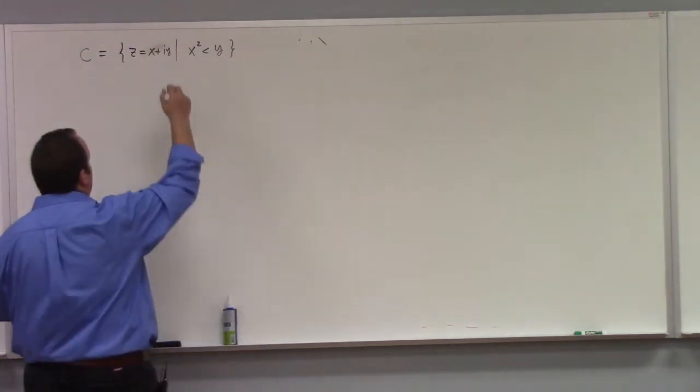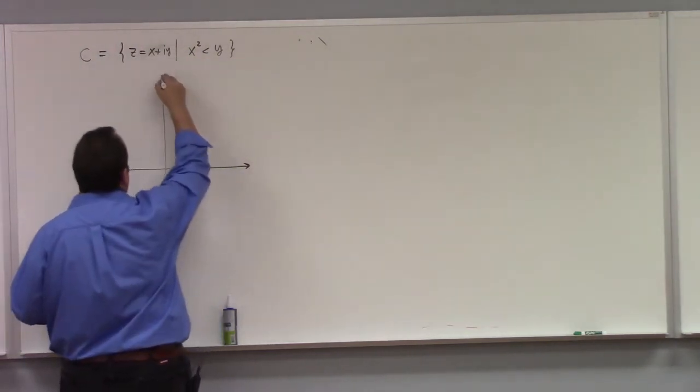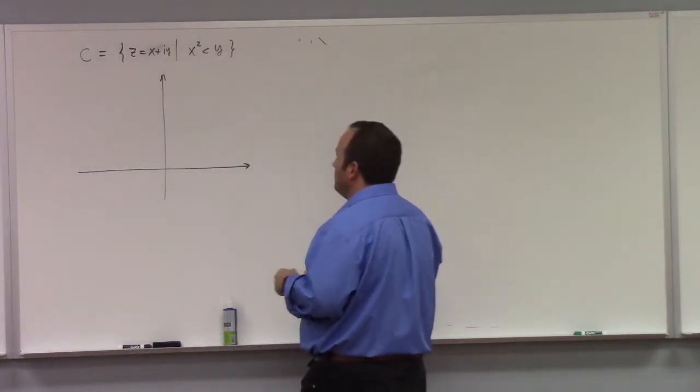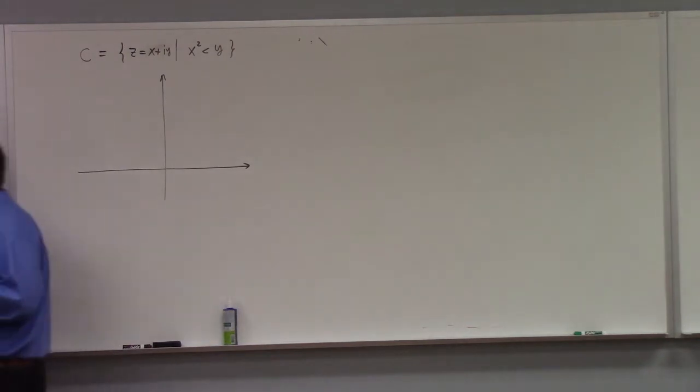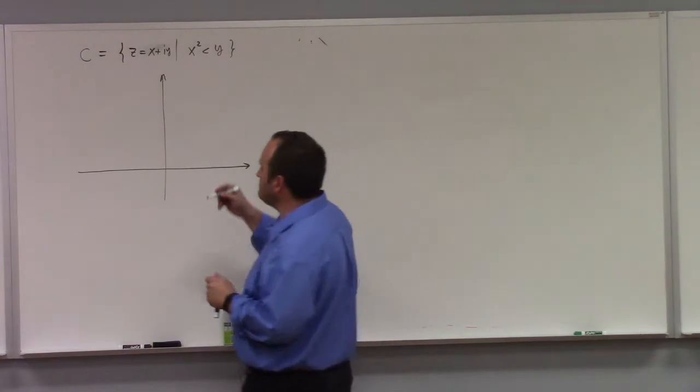But the way I think about something like this is just draw a picture. That's all I want you guys to do for these problems, really, is just draw a decent picture. And so the equation y equals x squared, well, that's a parabola, right?